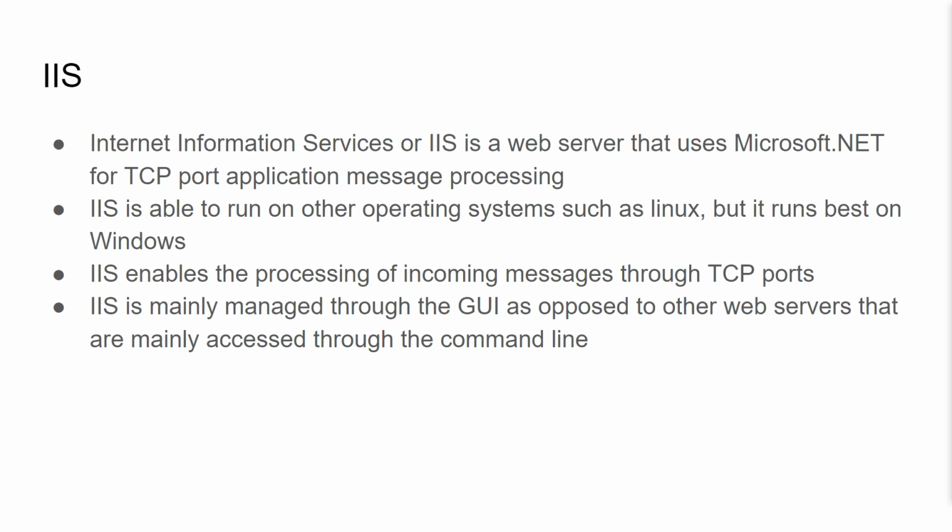IIS is also going to be used on the Windows Server operating system. IIS is able to run on other operating systems such as Linux, but it runs best on Windows.